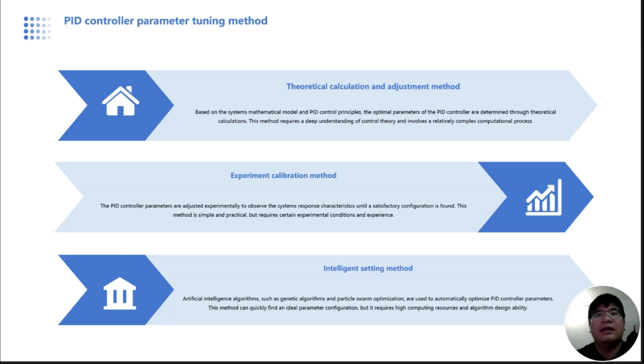Increasing KD can effectively suppress overshoot. Through this graph, we can understand that parameter tuning is a process that requires trade-offs and optimization.